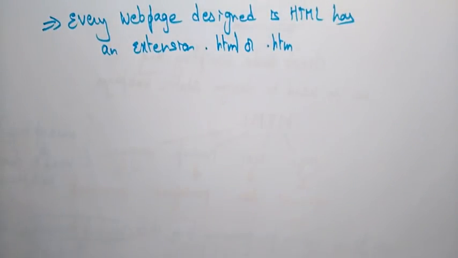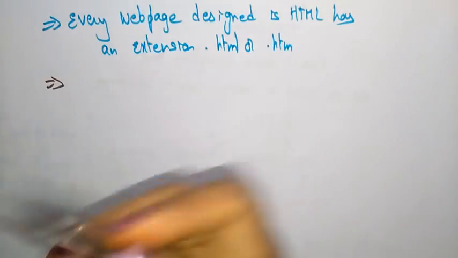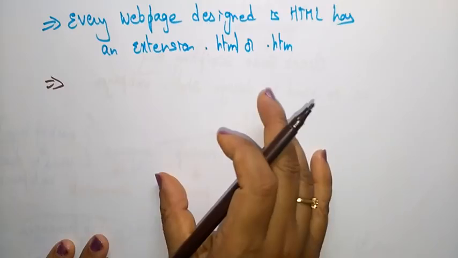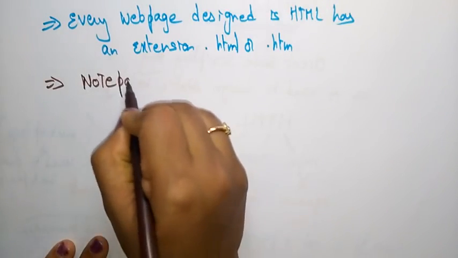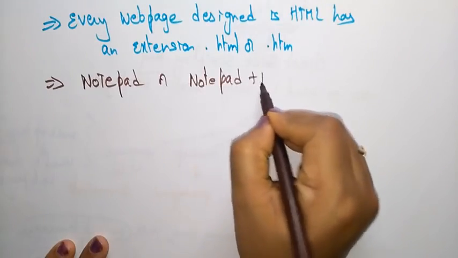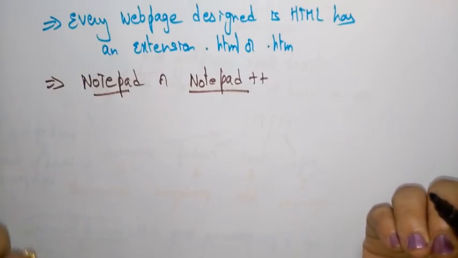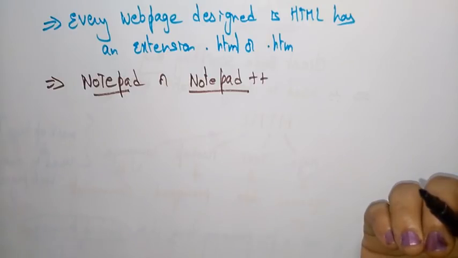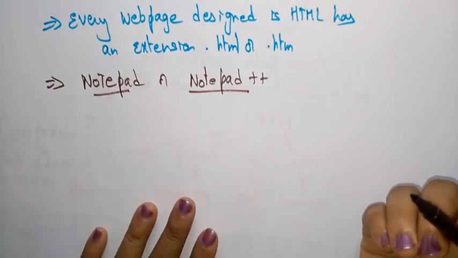Where do you write these HTML programs? You can use Notepad or Notepad++ editor to write the HTML language. Whenever you have written it, you just save it as .html or .htm.